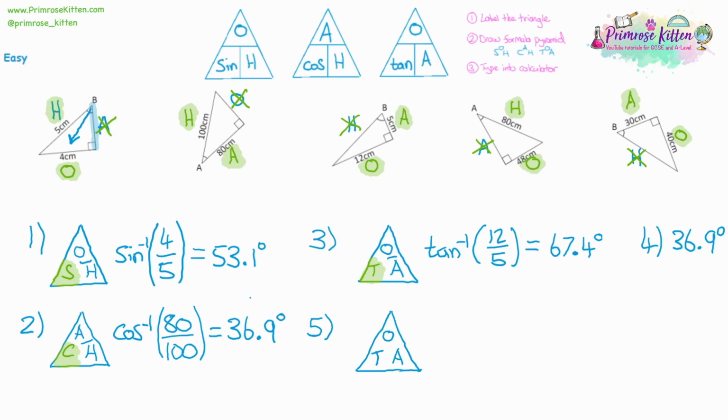We're looking for the angle, so let's cover that up, and we're left with O divided by A. So that'll be tan to the power of -1, and in our brackets we're going to have the opposite, 40, divided by the adjacent, 30. And then press the equals key, and you should get 53.1 degrees.